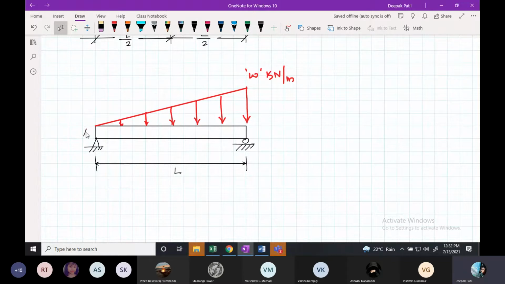Let me call this point A and point B. I can recognize that this has zero intensity, meaning the load is zero here because the intensity of the uniformly varying load is zero at A. And at point B, it has maximum intensity.